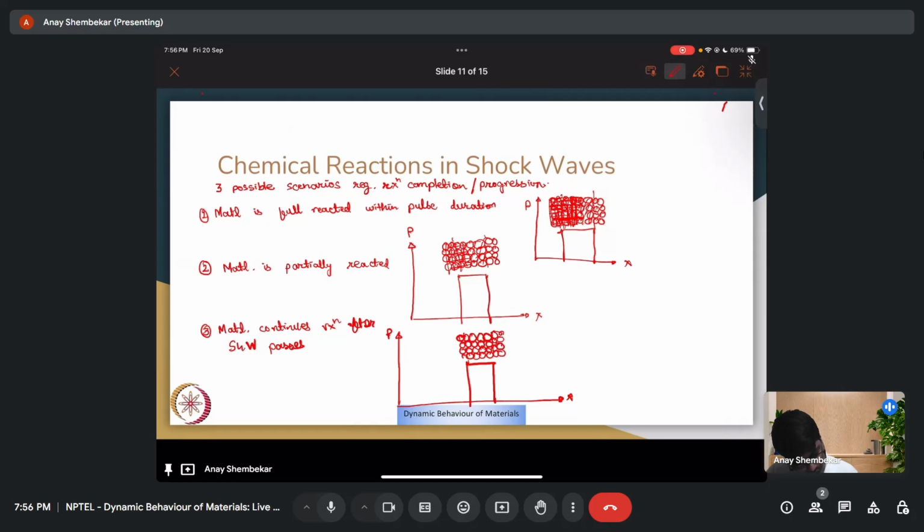So within the shock pulse, we are saying that material is only partially reacting, but far behind the shock pulse, material is fully reacted.